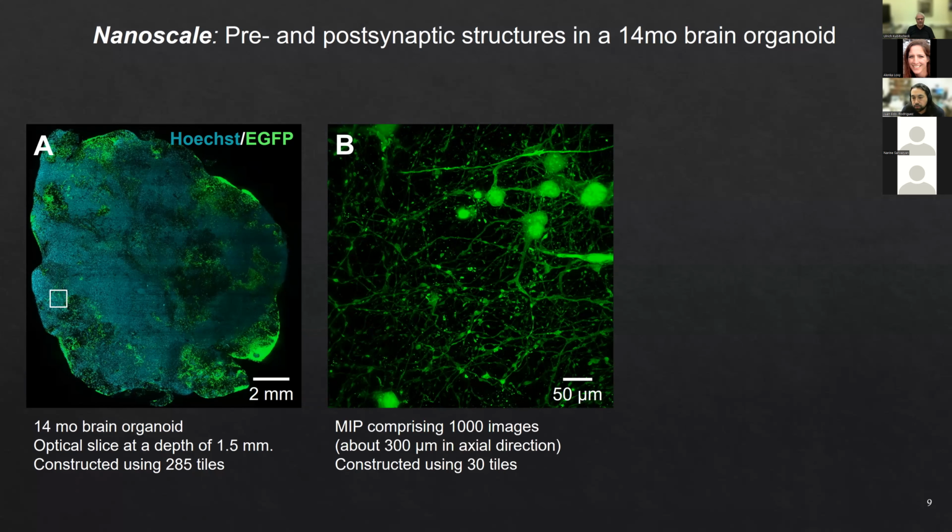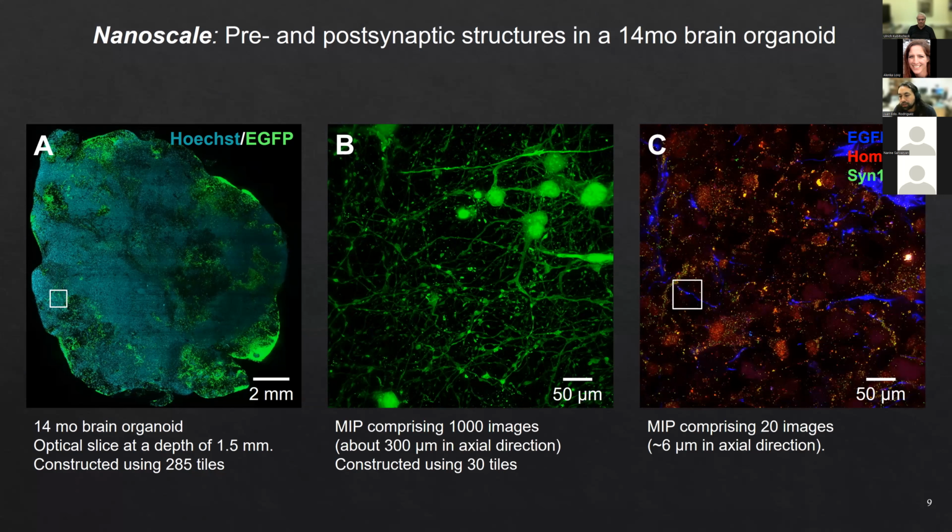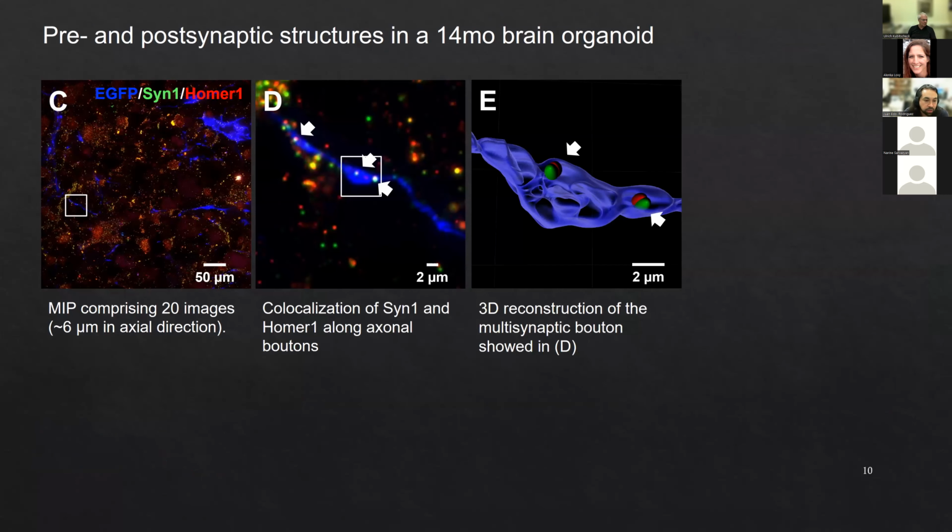What we did is use the pre and postsynaptic markers, Homer1 and Synapsin1, to see if we could find synapses along these GFP positive cells. Here is a close-up of this region where we see the GFP in blue. I'm showing it in blue because it's easier to see the colocalization of the pre and postsynaptic markers in red and green.